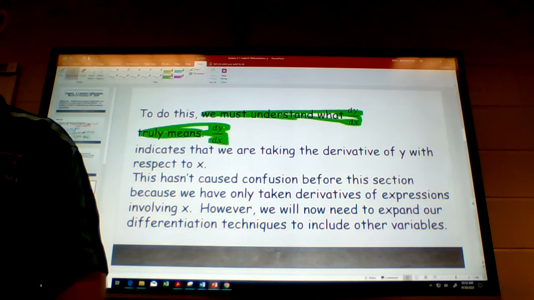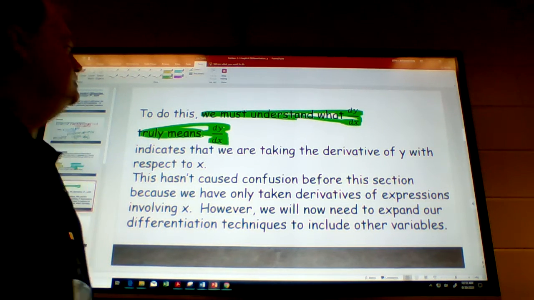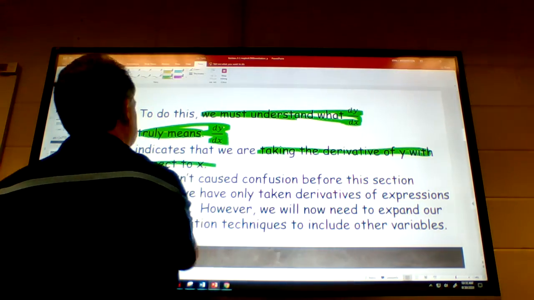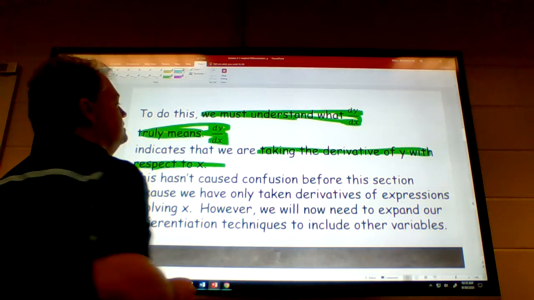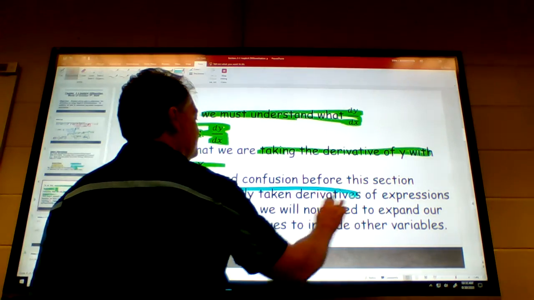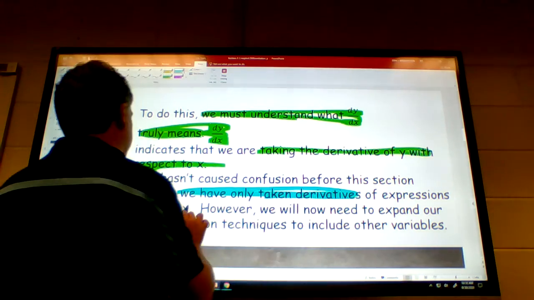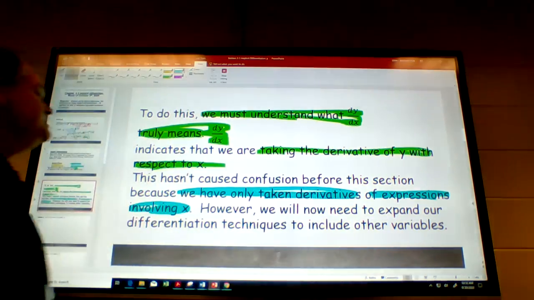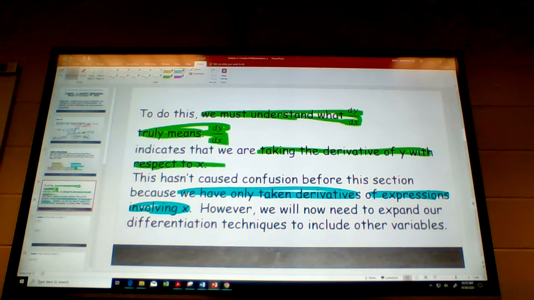And I'm going to highlight that here in just a second. And this hasn't caused confusion because we have only taken the derivatives of the expressions involving x.